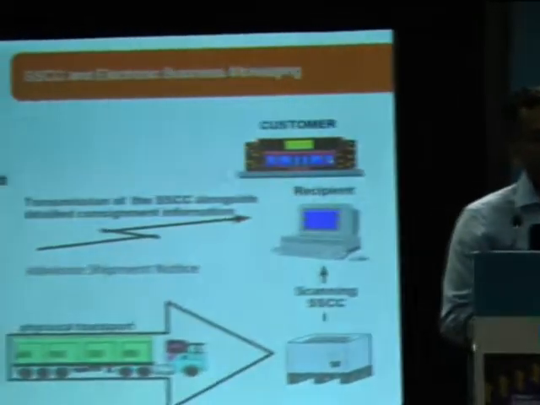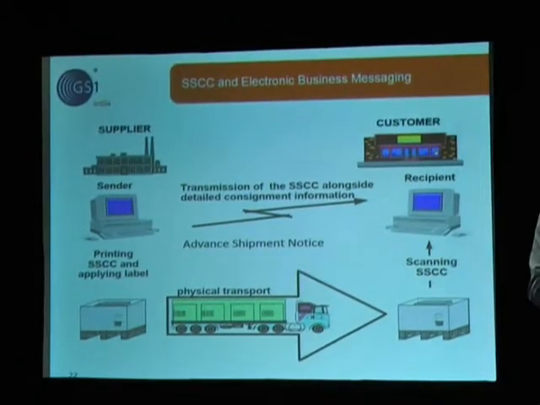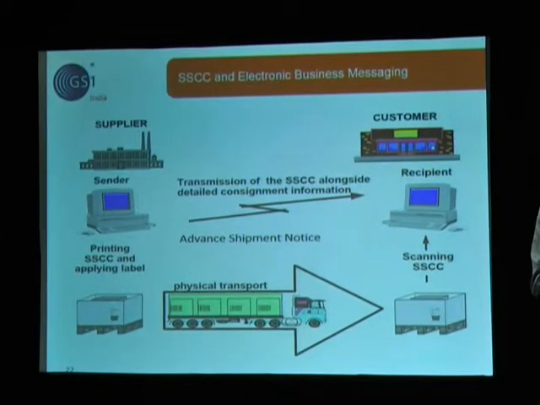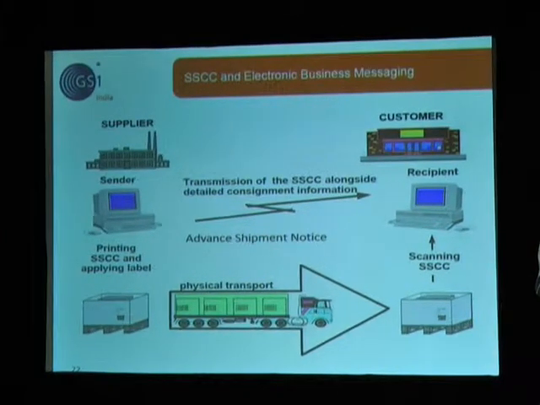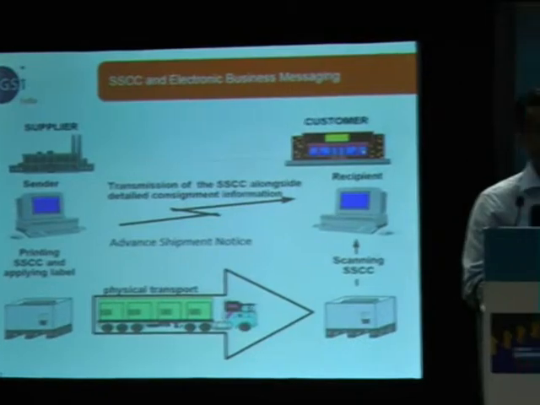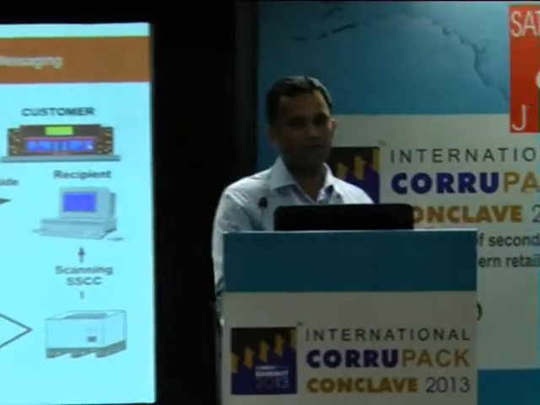So that is where these standards get incorporated, in conjunction with business messaging standards. We must be knowing that the company is using an advanced shipment notice. Whenever they deliver the goods, this advanced shipment notice is sent to the buyer, so the buyer knows what goods he is going to receive and what the contents are.